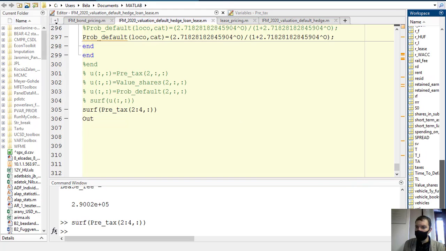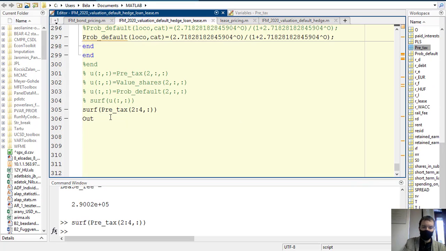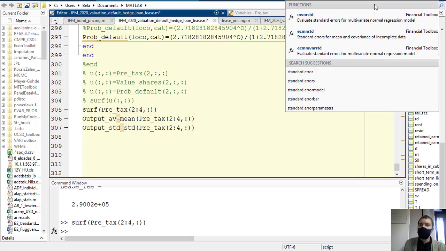Do we have an output variable yet? No. Then now we will have output equals mean, not sum, sorry, mean output, std. But actually we can have standard error.